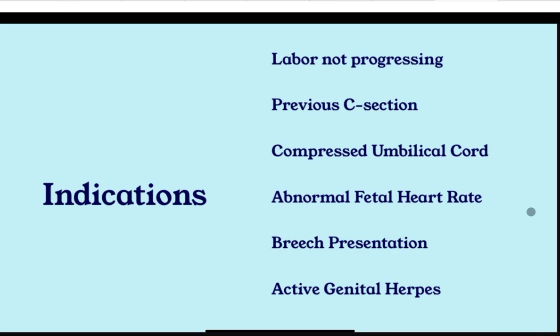And another one would be active genital herpes. So this one is like one of the most preventable ones. Typically, when you were seen by a care provider and you have a history of genital herpes, they will bring you in around 36 or 37 weeks and begin antiviral treatment. This is to prevent the spread of the virus to baby. So a lot of times what we'll see, if mom is not treated and she lets the baby pass through the birth canal, the baby will get the virus in the baby's eyes.